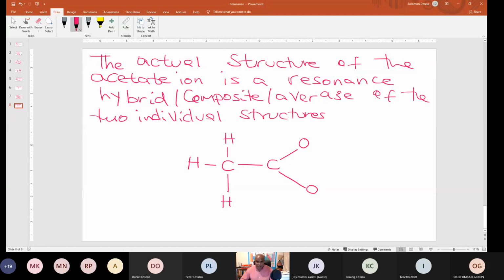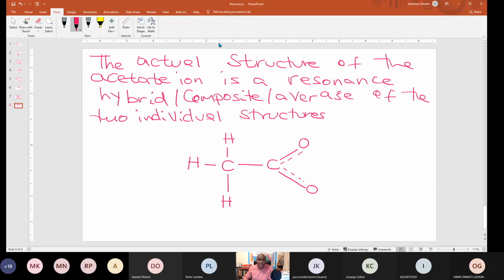So we can have a double bond here, and we can also have a double bond in here, so that each of the carbon-oxygen bonds has some double bond character. Each is intermediate between a single bond and a double bond.